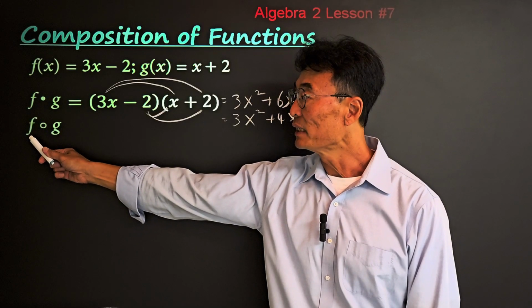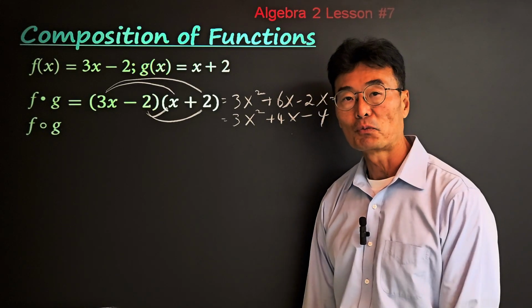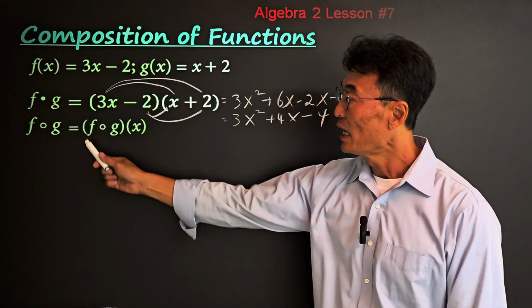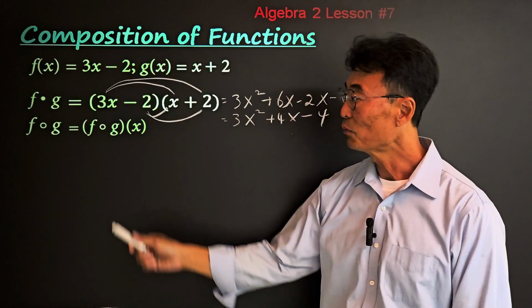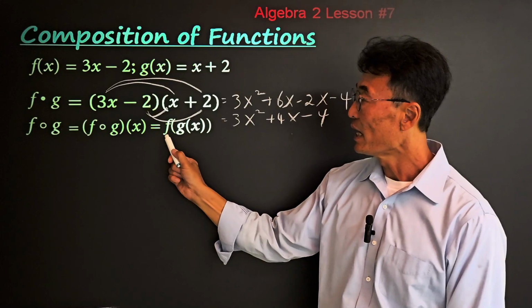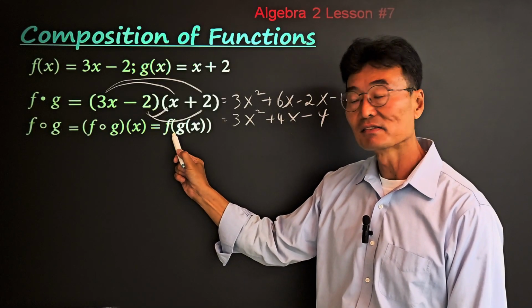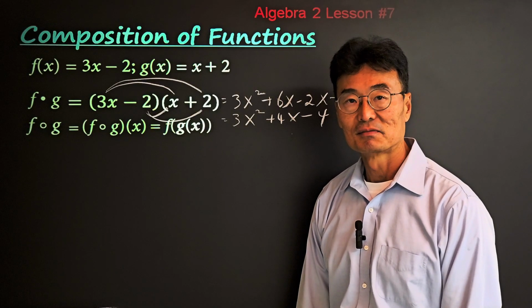And if we write that f of g in a different way, it would read f of g of x. And once again, if we change that, it would become f parentheses g of x close parentheses.